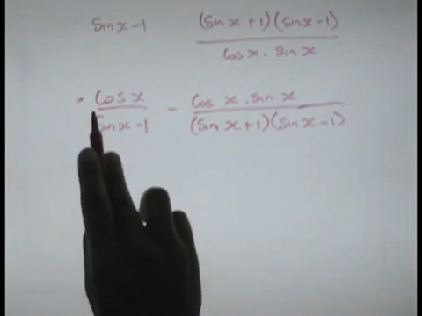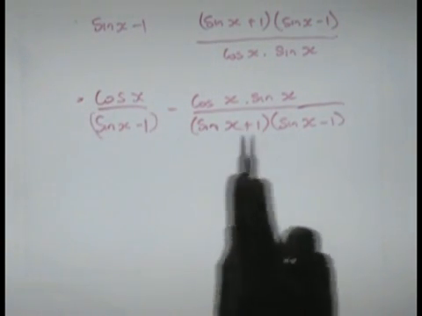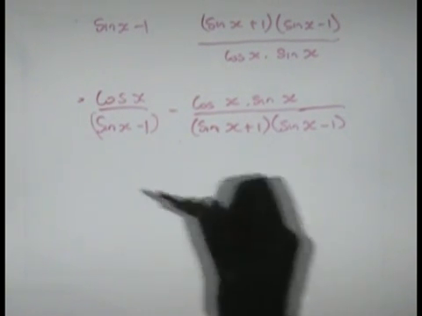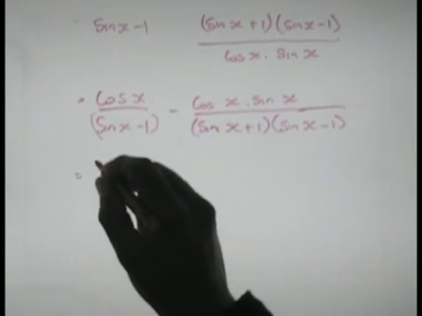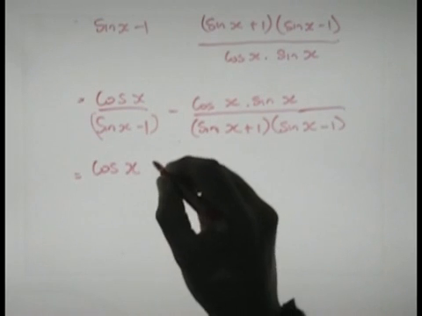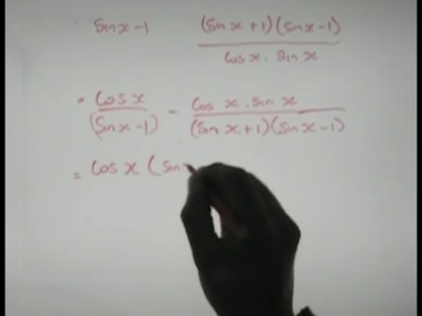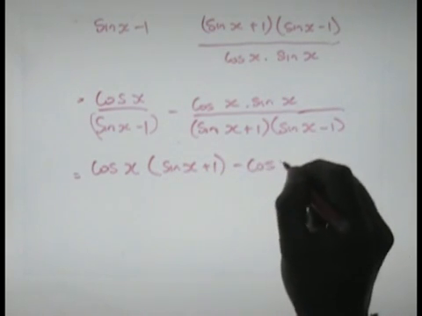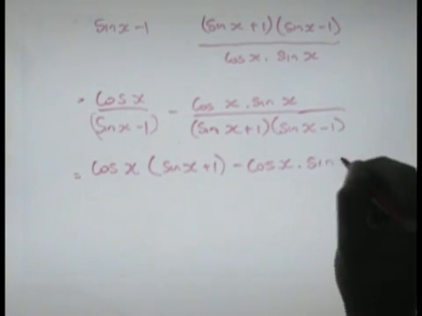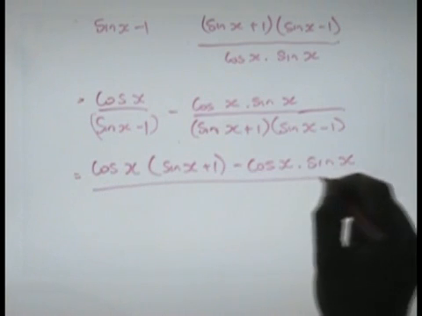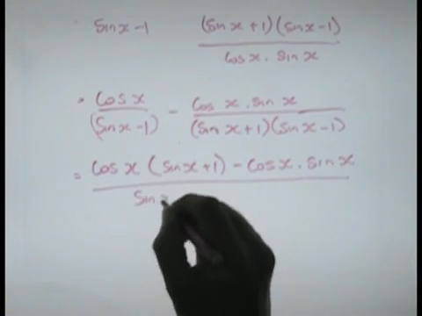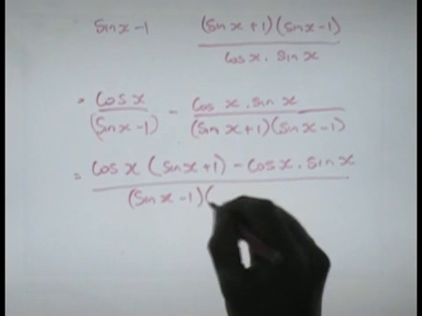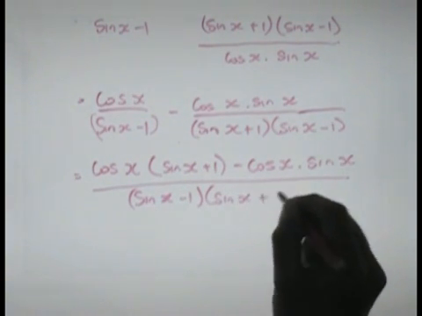Common denominator of sine x minus 1 times sine x plus 1 means that to the numerator I've got to multiply it by sine x plus 1, minus cos x times sine of x, all of that divided by sine x minus 1 sine x plus 1.